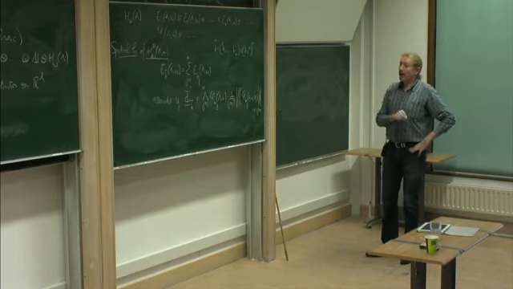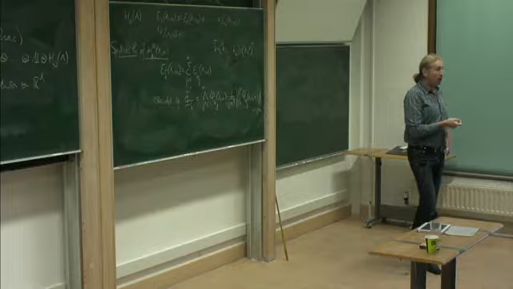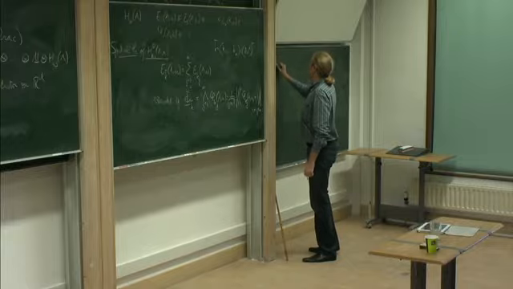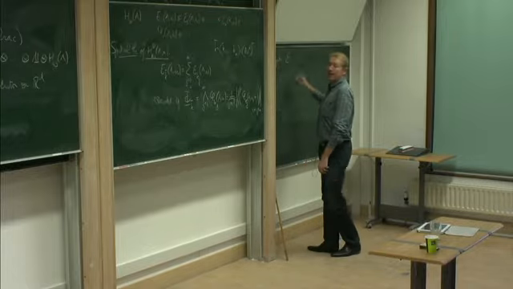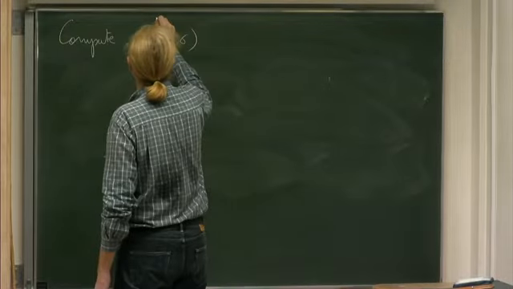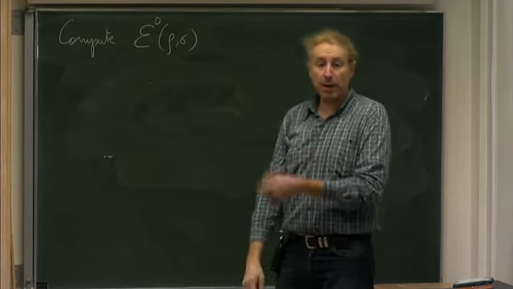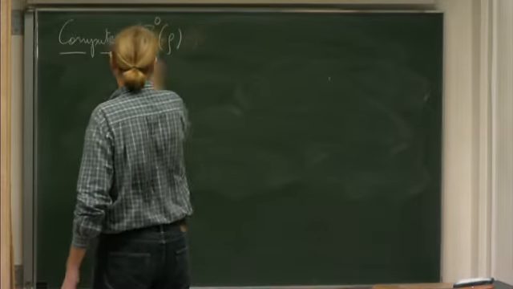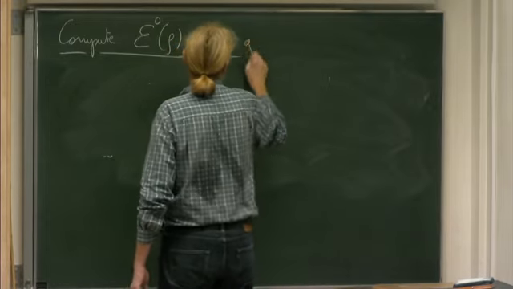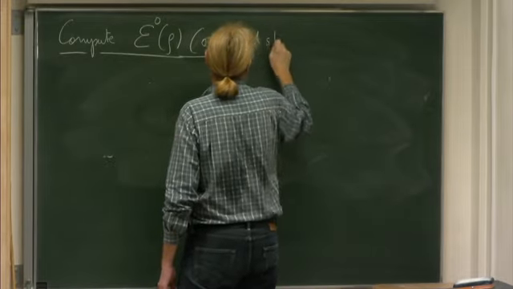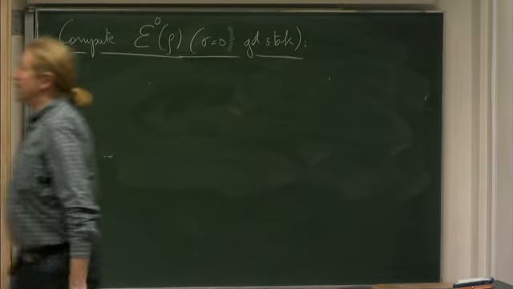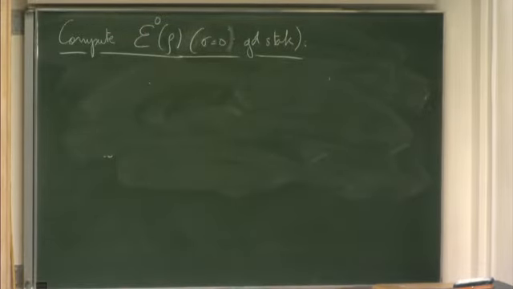Now, what does the ground state energy of our system look like? Let's try to compute E of rho, sigma. I'm going to put a 0 here to remind you that there is an interaction potential, which in this case is vanishing. And sigma is 0 because I'm looking at the ground state energy. The way to get the smallest eigenvalue is, of course, to sum up the n first eigenvalues.